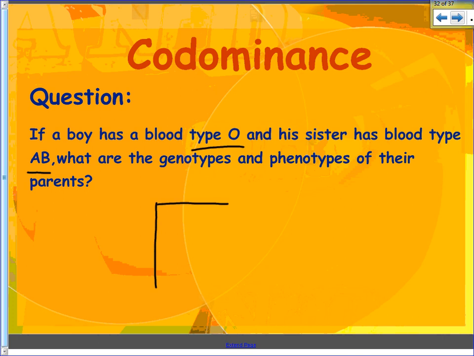So what I would do with this is set up a Punnett square and put these children in. So I know that the boy is little i little i. I know that one of those little i's came from mom and one of those little i's came from dad. The girl was type AB, so she would actually be IA IB, sorry.